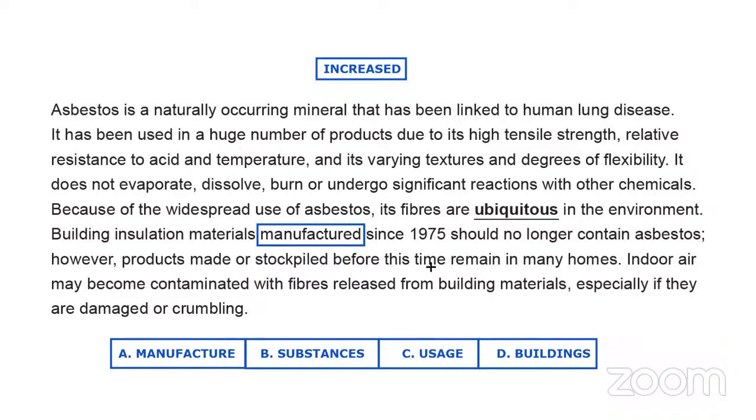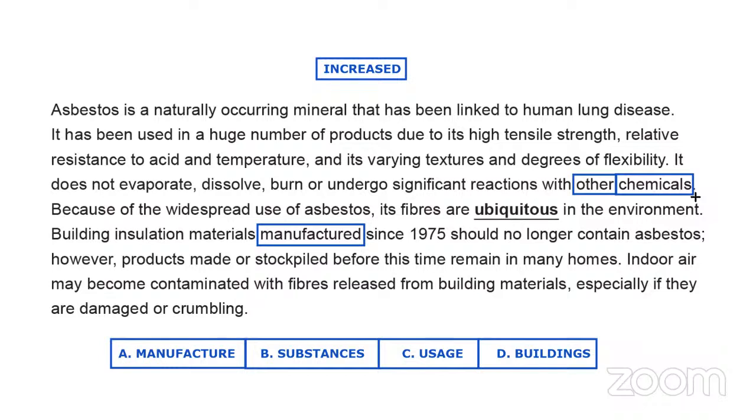What are the substances? Other substances. You remember, other substances. Remember the word other. Substances means chemicals. Other is helping you to find out this word. So, substances means chemicals.